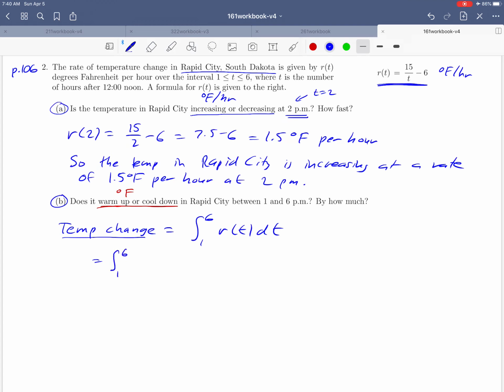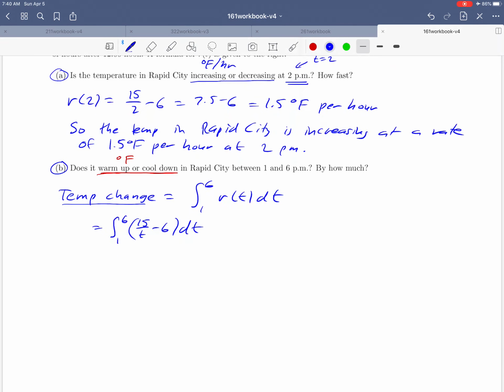Let's see if we can do that. We want to integrate from 1 to 6, and our function is 15 over t minus 6. We need an antiderivative, and to help us do that, we might rewrite it by bringing the t into the numerator as 15t to the negative 1. You might think we're going to use the power rule, but if you look back at the table of common antiderivatives, that power of negative 1 is the one exception where the power rule doesn't work.